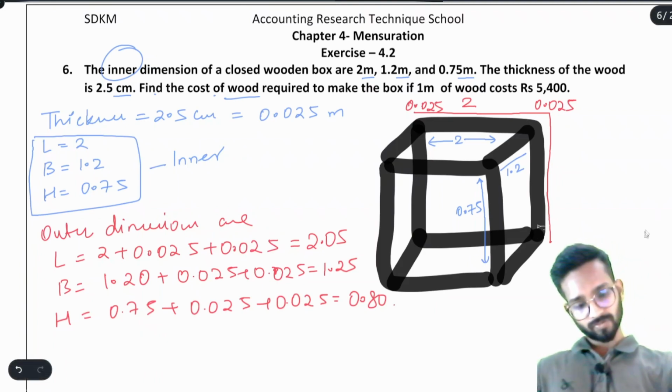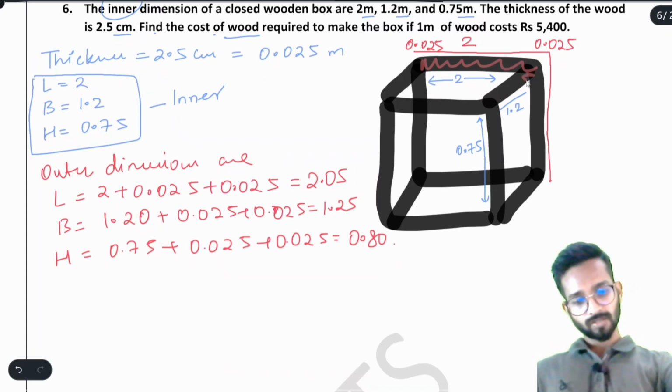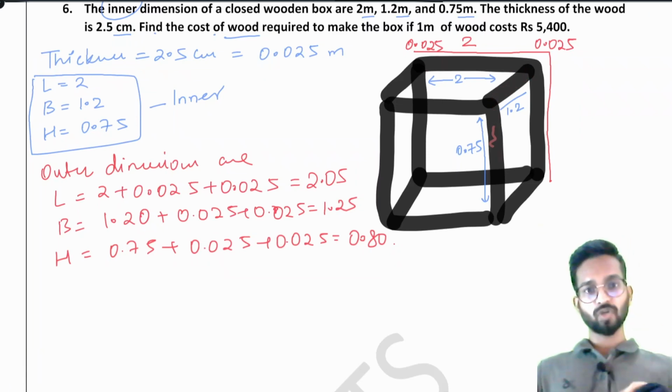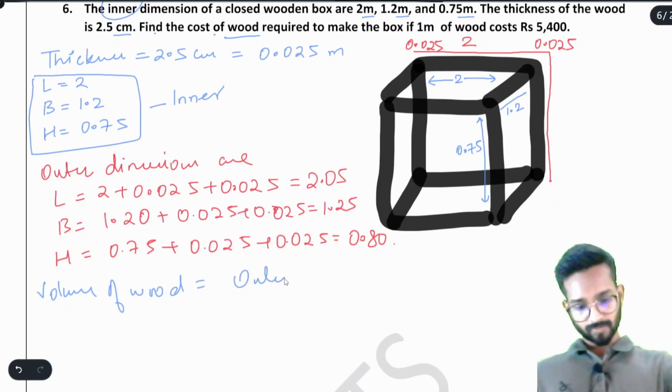Understood? So after that you can find the volume of the wood required. This is the thickness of the wood, so I can find the volume of the wood. How? If I know the volume of the outer dimension minus the volume of the inner dimension, I will get the volume of wood. So volume of wood is equal to outer minus inner.